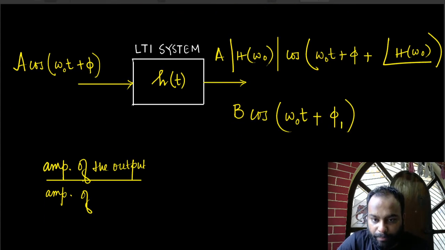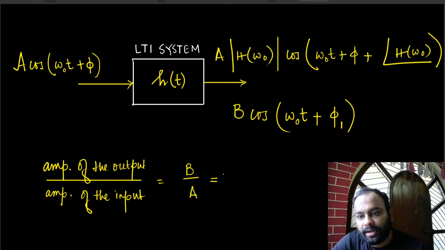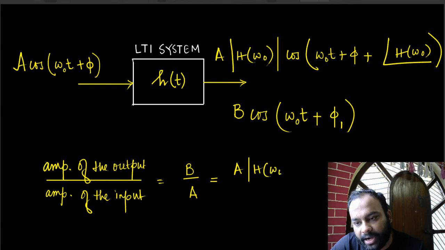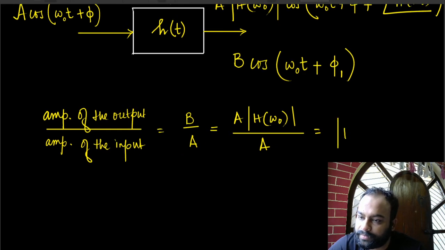So now my point is, the ratio of the amplitude of the output to that of the input is this, b by a. That is what I'm saying here. Try to understand that this is mod h omega naught by a.